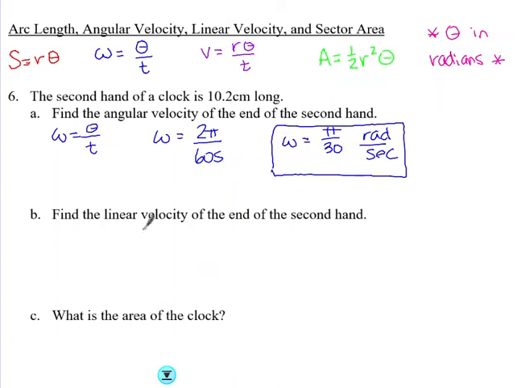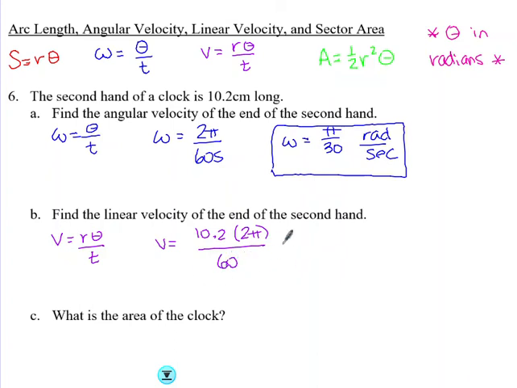Next, let's find the linear velocity of the end of the second hand. So linear velocity, we're going to use this formula in purple. We are told that the radius is 10.2 centimeters, and we know that it goes all the way around the clock, which is 2 pi radians, in 60 seconds.